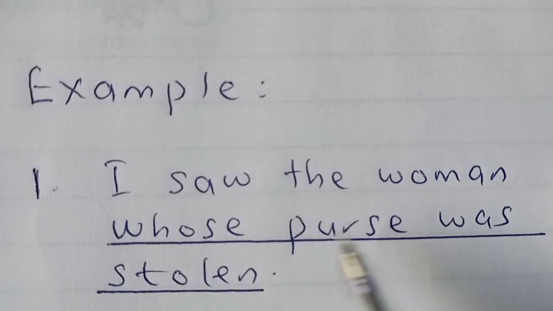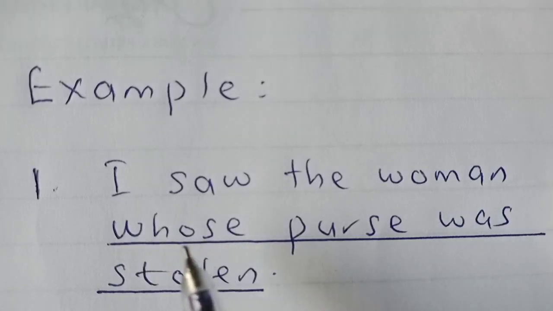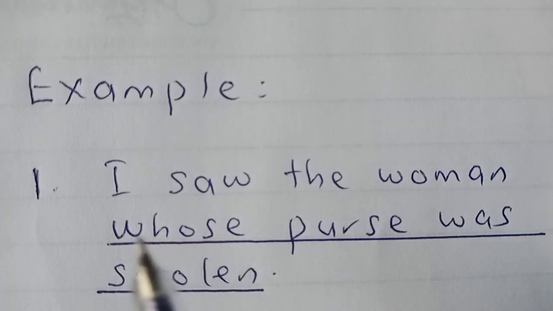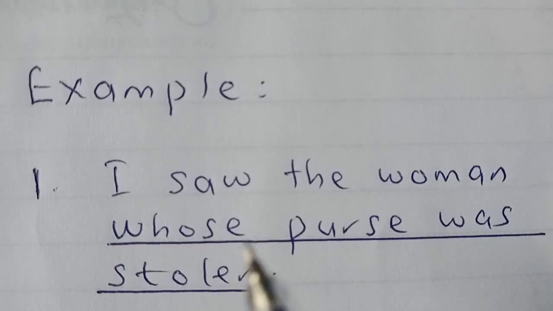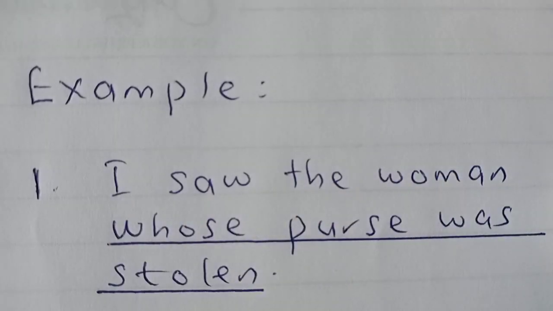But it is a dependent clause because it is introduced with a subordinating conjunction, whose. We said earlier that we use subordinating conjunctions to introduce the dependent clause. So whose here is a subordinating conjunction used to introduce this dependent clause. And that is why this is a dependent clause. It cannot make sense on its own until it is used with the independent clause to complete the sentence.